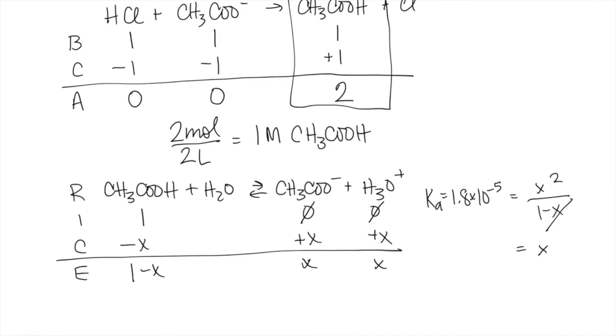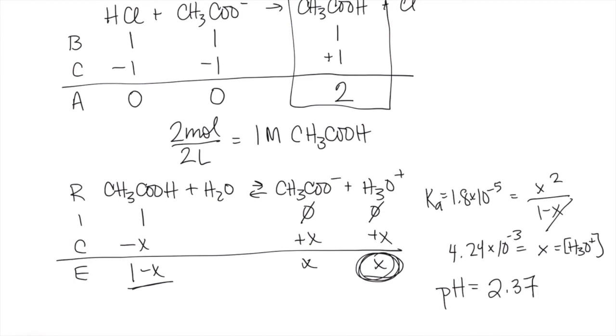I get 4.24 times 10 to the minus 3. That is safe to neglect from over here, but it is going to be my concentration of H3O+. And so I'll take the negative log of that. My pH will be 2.37. Okay, that's our second situation.